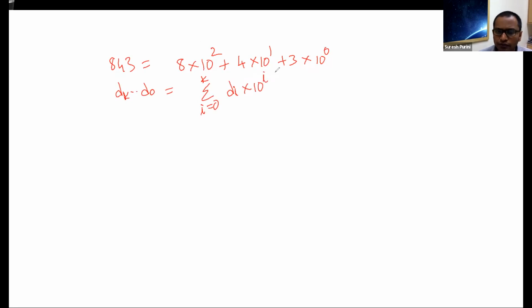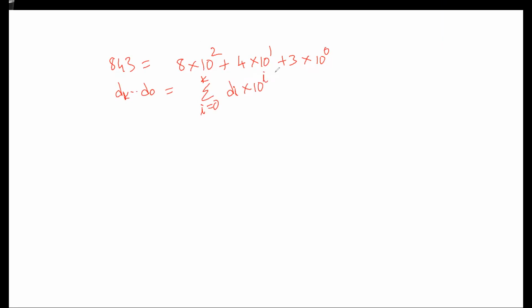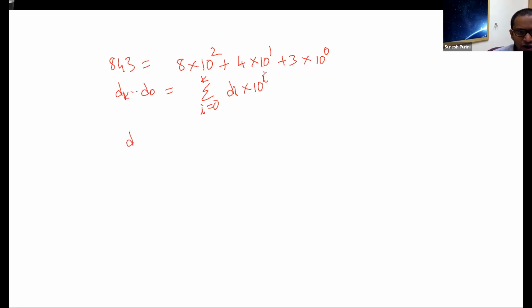That is its value. Are you with me here? Yes, sir. So if it is a base b number, since this is decimal notation, each of these d_i's lies between 0 and 9, since this is decimal. Yes, sir.